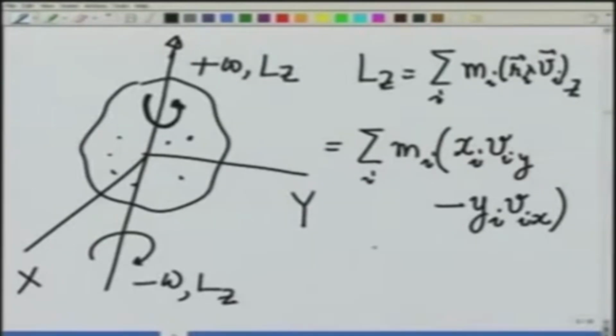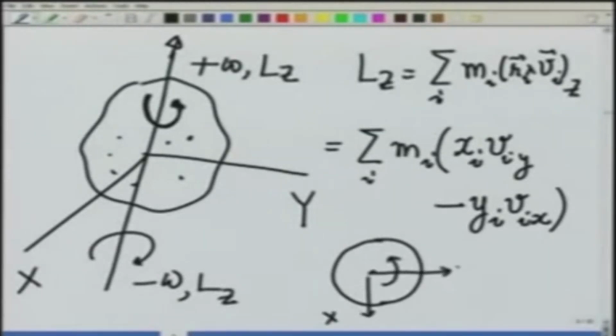Now, let us look at any ith point moving. It is really moving in a circle about this axis. As I said earlier, let this be the x axis, let this be the y axis. So, velocity v at any given point is in the phi direction. Recall your planar polar coordinates, and r is obviously in the r direction.